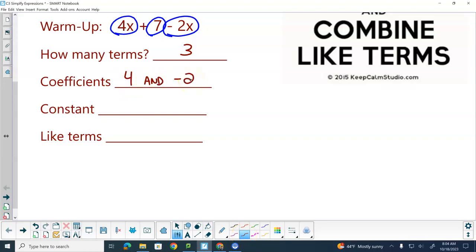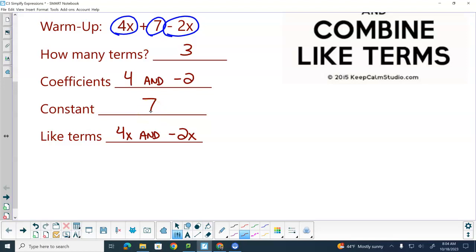So I would put 4x and negative 2x down there as like terms, but just 4 and negative 2 for the coefficients. Any constants? Positive 7. Okay.